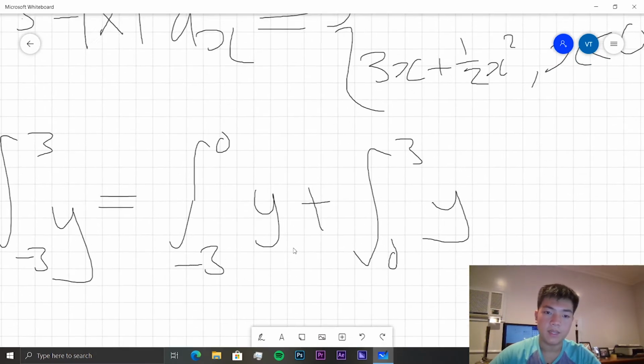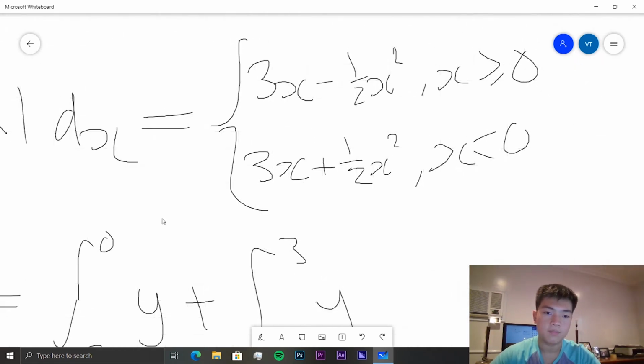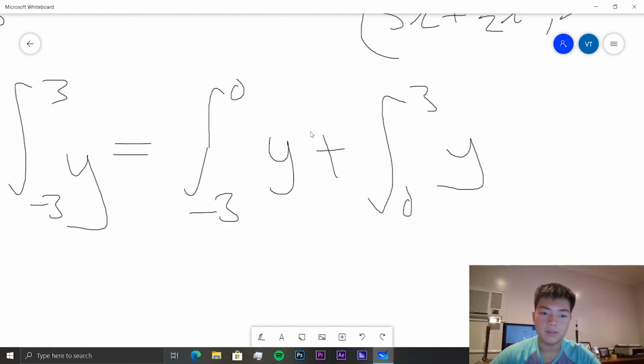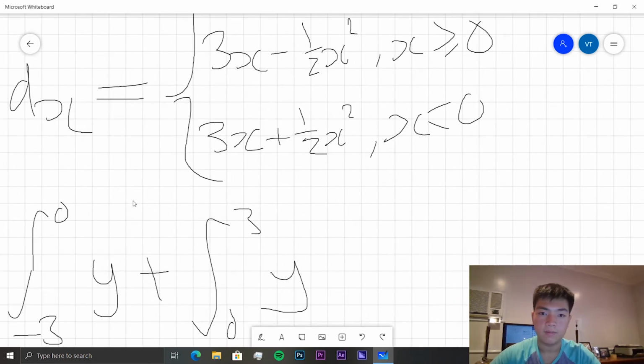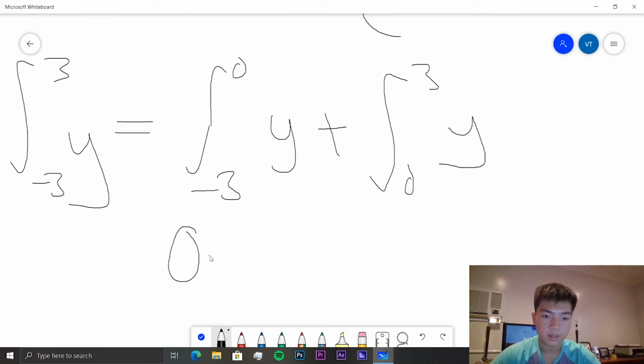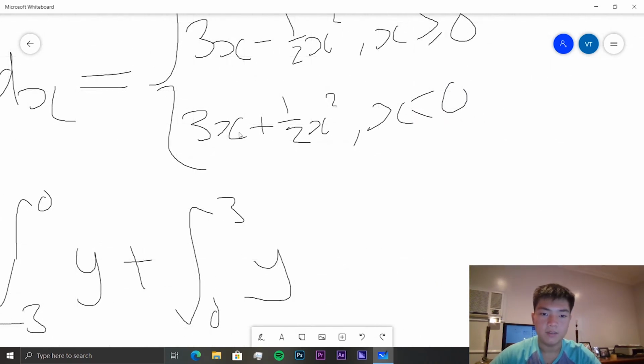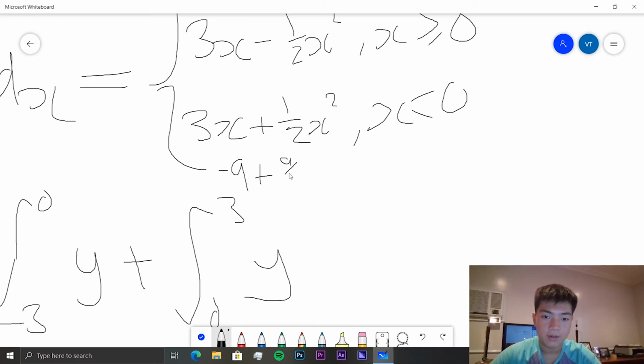First, -3 and 0, well, we'll use this equation here. So at 0, the antiderivative is 0 effectively, minus, at -3, we have 3 times -3, -9, plus 1/2 times 9. So -9 plus 9 over 2.